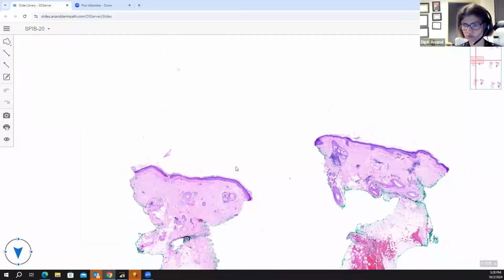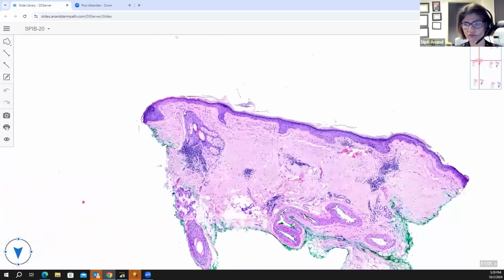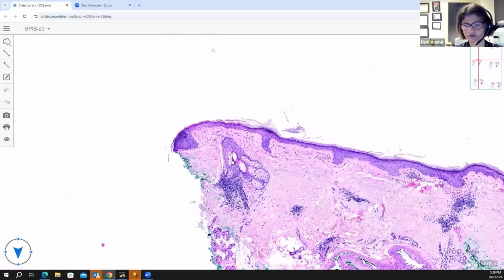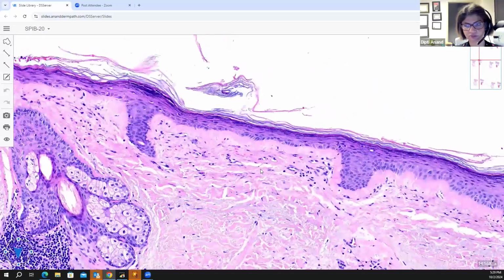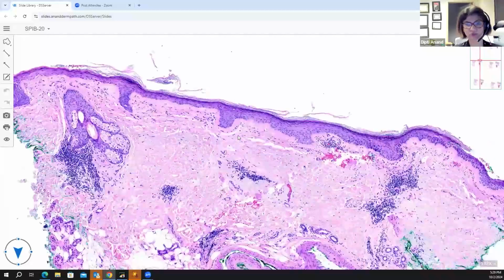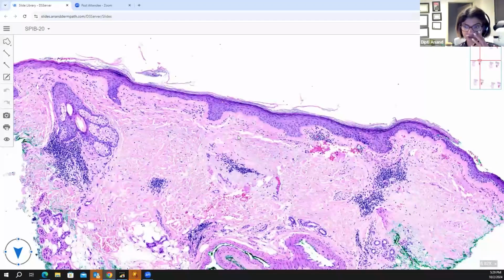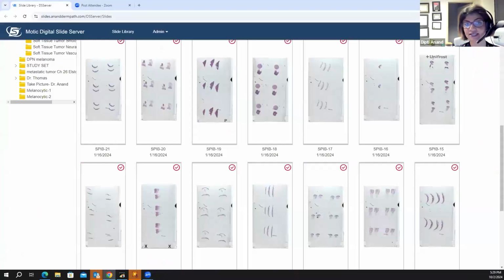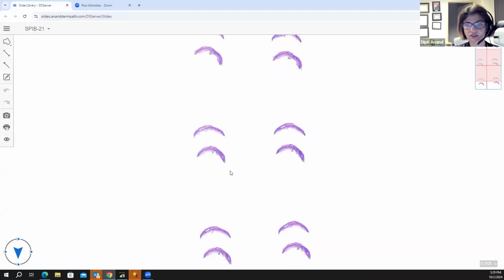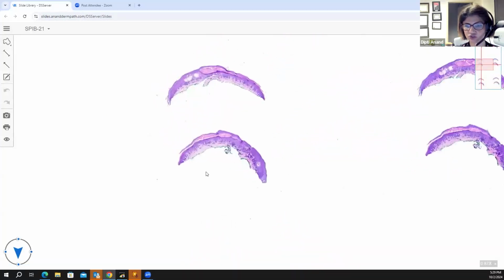It actually looked almost like normal on low power, except that it has this perifollicular inflammation, beautiful thickening of the basement membrane. Like this is textbook thickening of the basement membrane. So this would be a connective tissue disease. And yes, I believe this was from a patient with DM or SLE, because they typically tend to be more pauci-inflammatory.